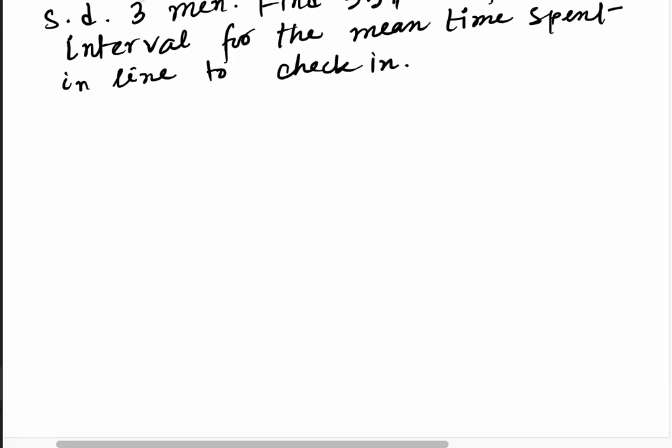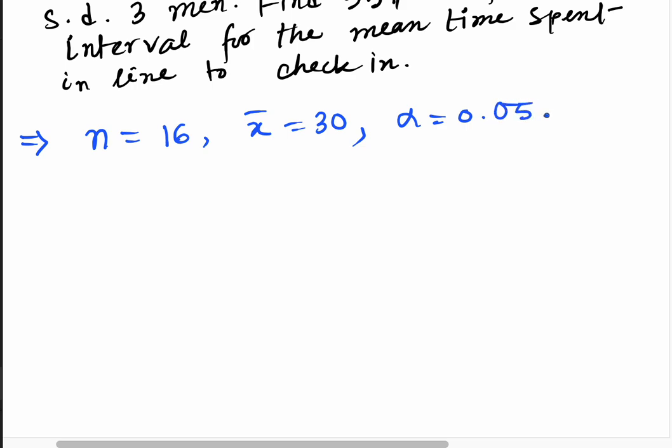Let's see. So here n is given 16, mean is given 30, alpha is 0.05, and population standard deviation sigma is 3.